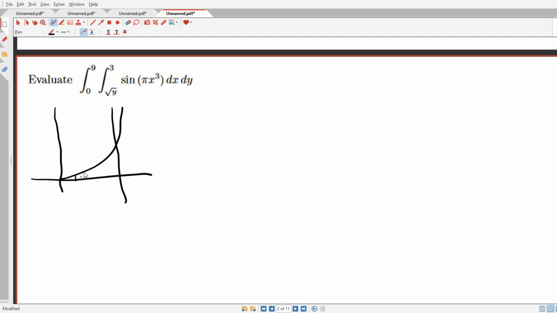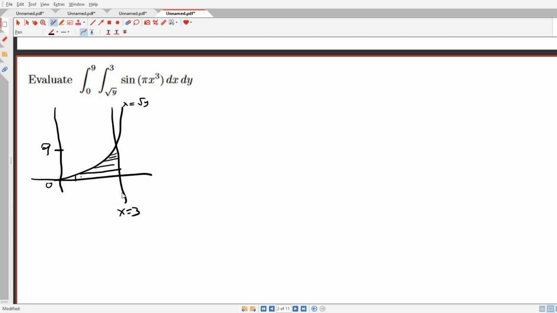So what this is describing is the horizontal slices from here to here. And those go all the way up to 9. So this is 9, and this is 0. And then we're going from x equals root y up to x equals 3.